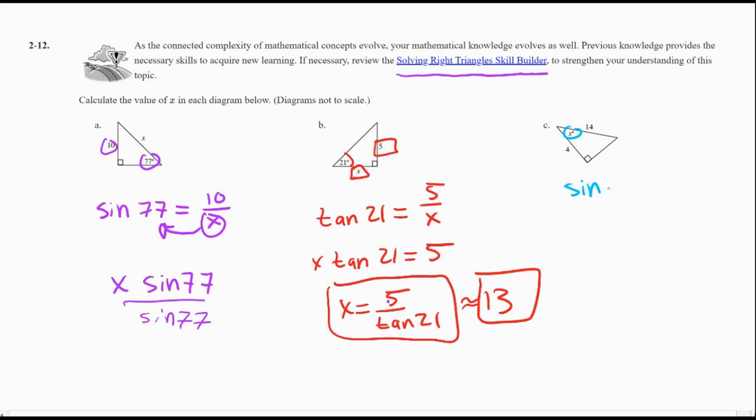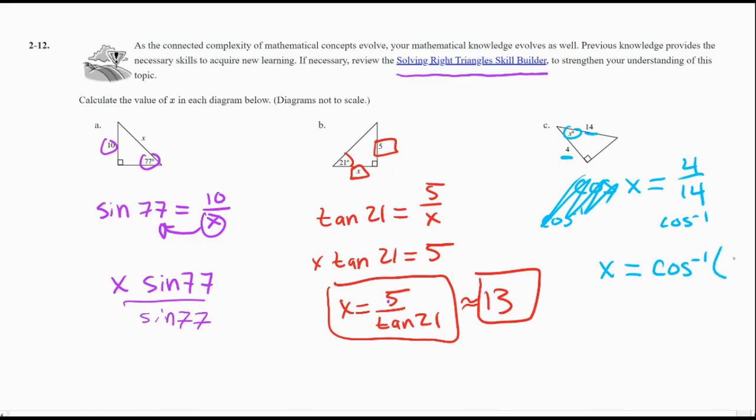So I don't know that it's sine yet. I actually have the adjacent and hypotenuse. So I'm going to use cosine of x equals the adjacent side over the hypotenuse. This one, I would need to take the inverse cosine of both sides because that would cancel out the cosine and leave me with just x.